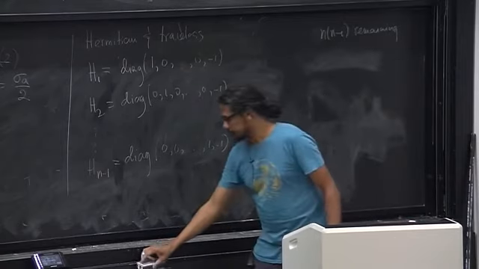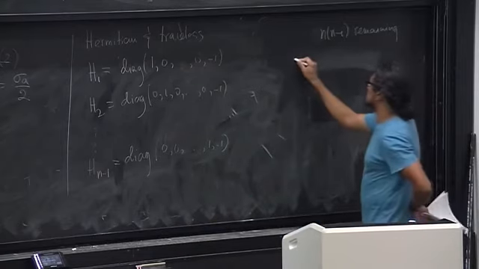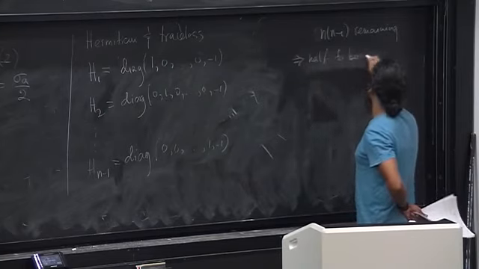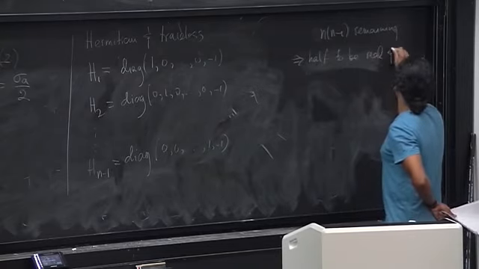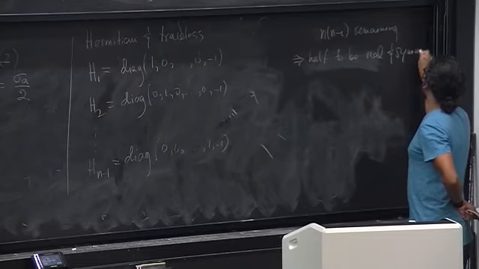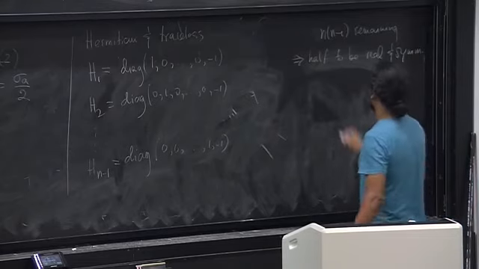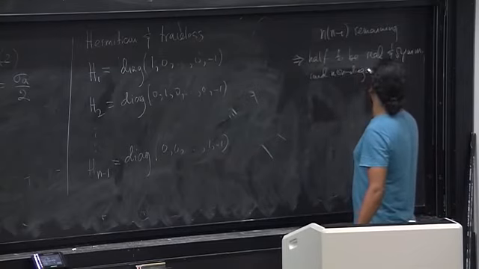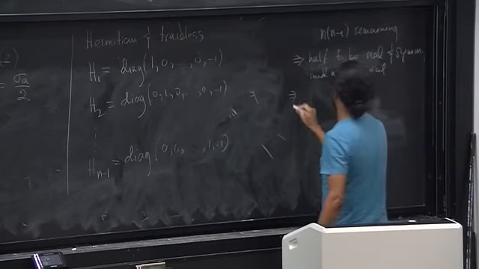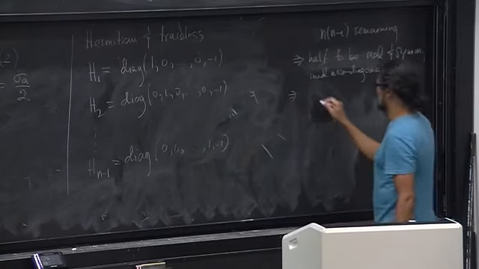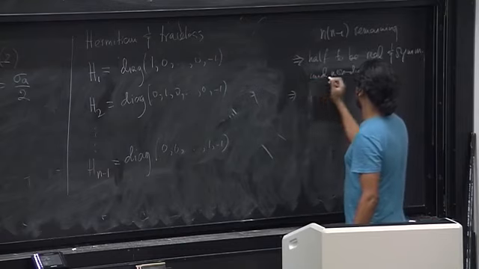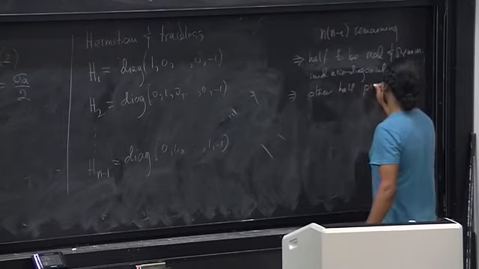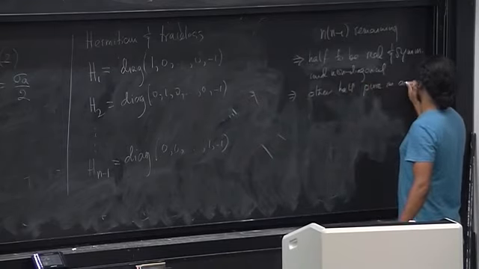Of these, you can choose half of them to be real, symmetric and non-diagonal. The other half, you can choose to be pure imaginary and antisymmetric.